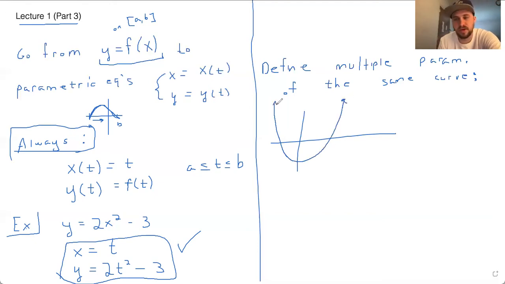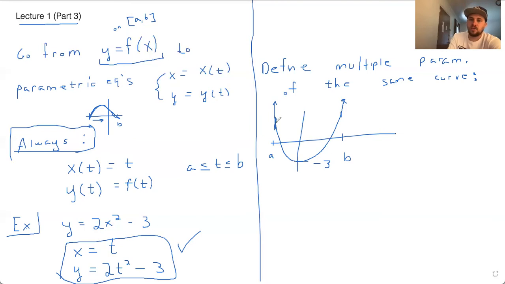It's pretty sketchy, that's not exactly what it would look like, but say we're close enough here. This is -3. And let's pick an interval here. Let's just say this is A all the way out here, and this is B all the way out here.